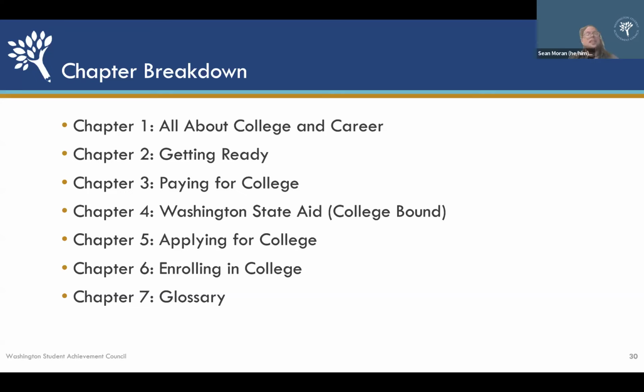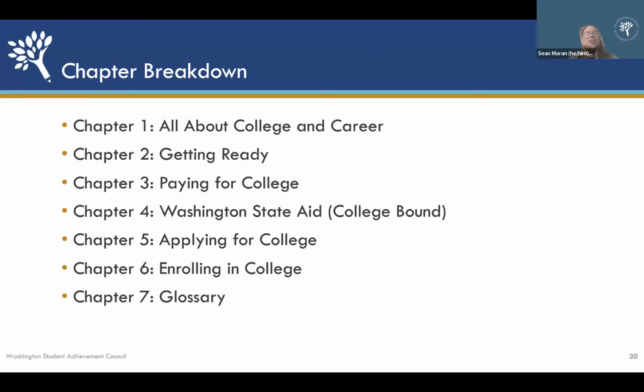Paying for college looks at things like grants, loans, scholarships. Washington State Aid looks at things such as College Bound, Washington College Grant, Passport, and the work study program that is done through the state. Applying for college walks them through the steps of what that looks like, the college search, and some of the things they need to do for the application process.